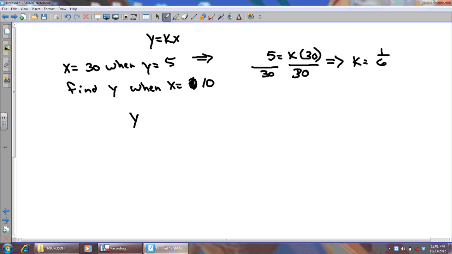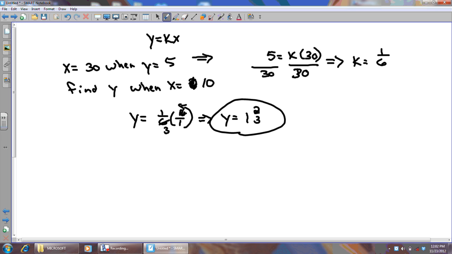Now, y is going to equal 1/6 times 10. I can simplify and turn that into a 3 and that into a 5. And that'll get me that y is going to equal 5/3, or better yet, 1 2/3. And there you go. It's that simple.